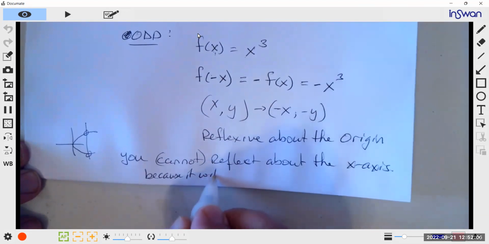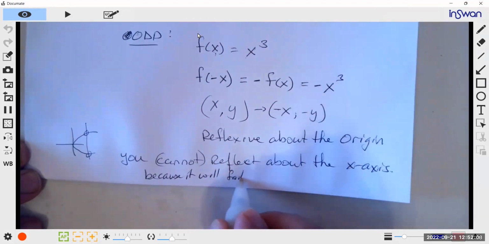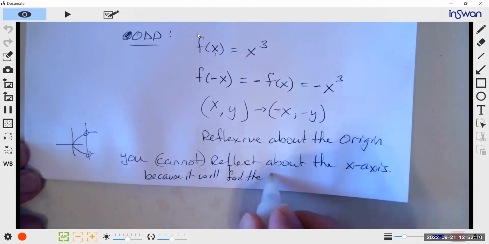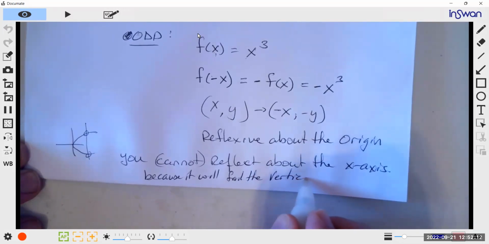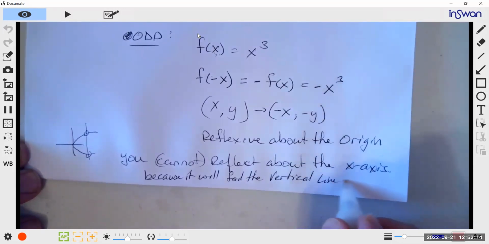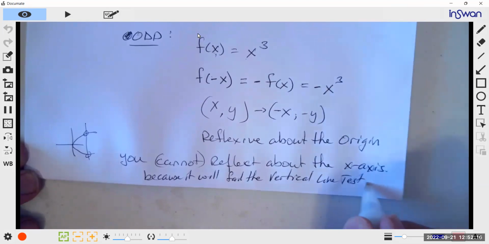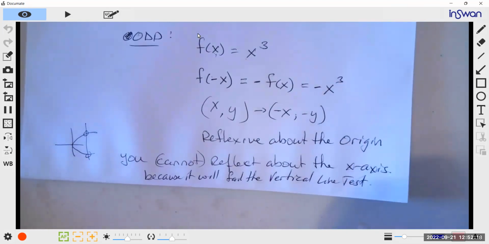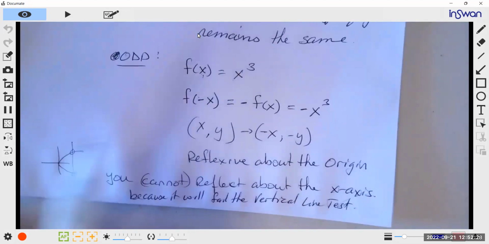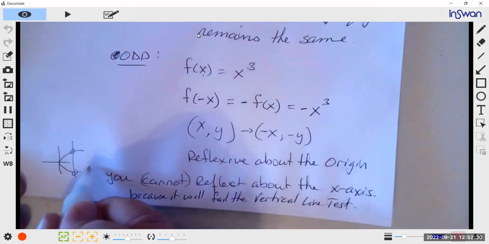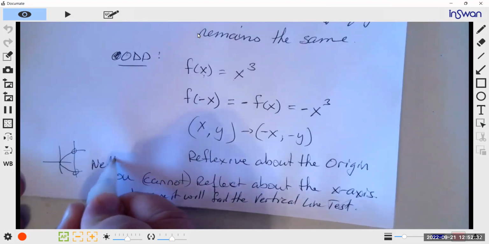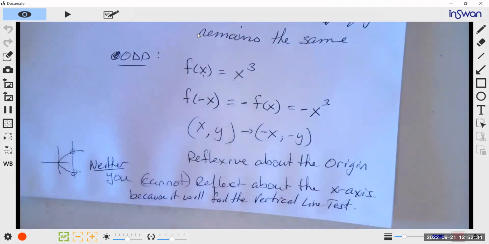Remember, the vertical line test says if it's a function, you have to be able to cross it vertically only once. So we only have odd and even. Anything else is neither.